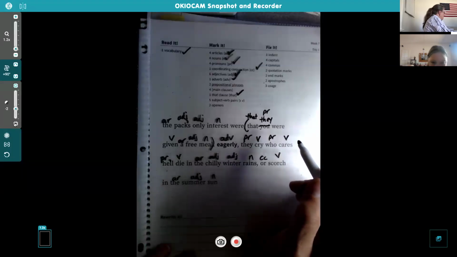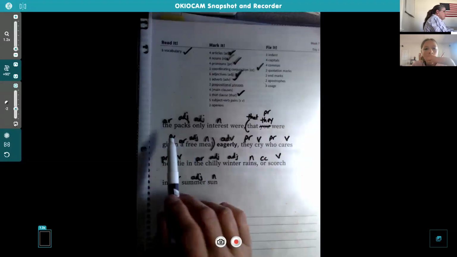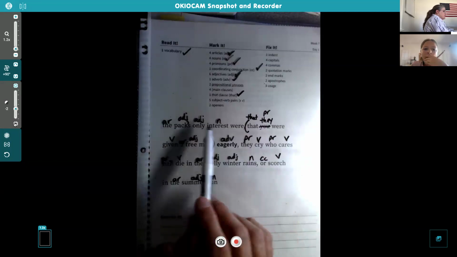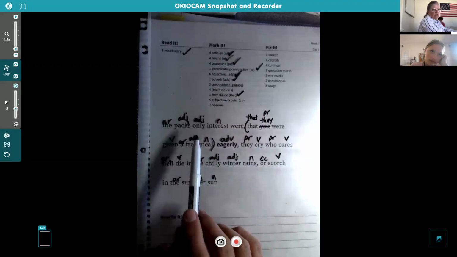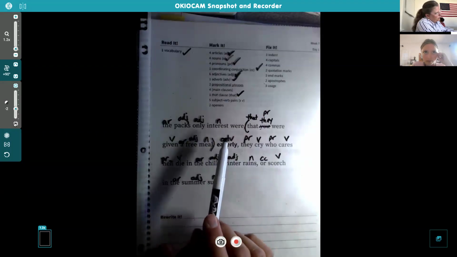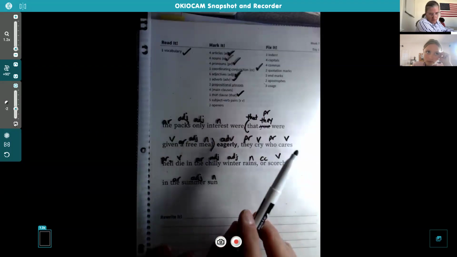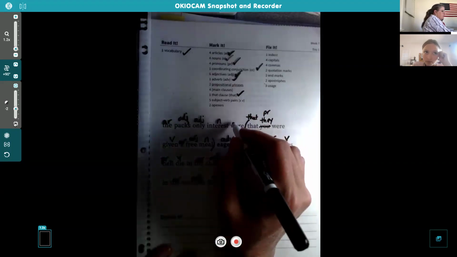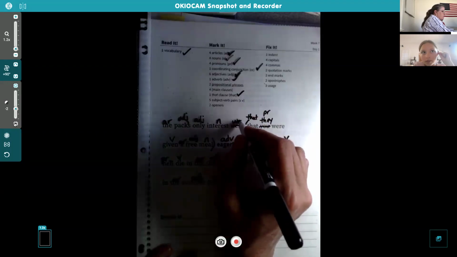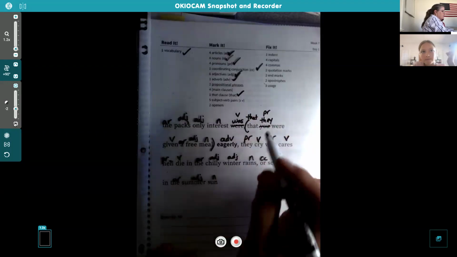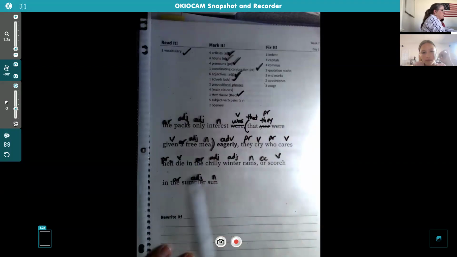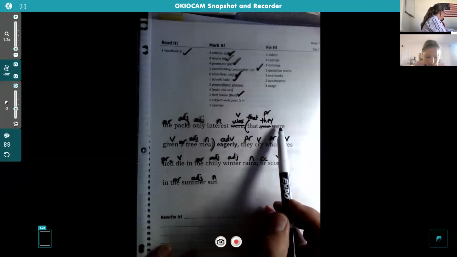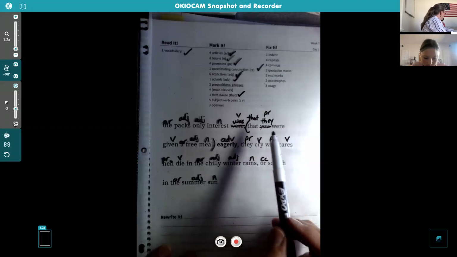You know what? We need to change one though. The pack's only interest, yes, because actually pack is a group of animals, but it's singular here, so instead of were, it should be was right here. So the pack's only interest was that they were, this is a hard one, given a free meal.